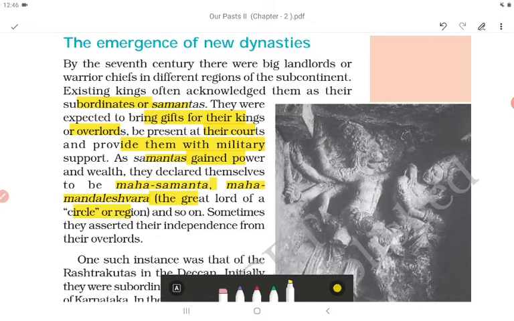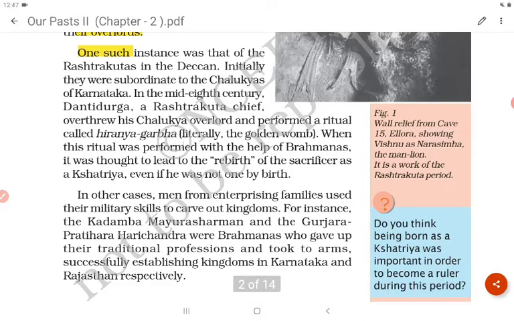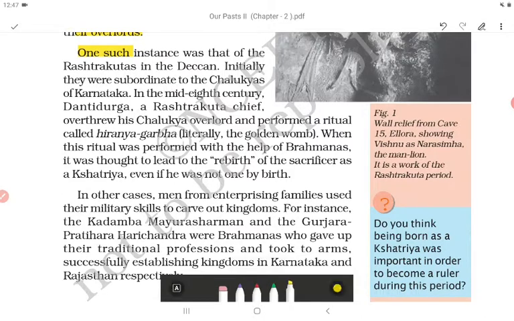Sometimes they asserted their independence from their lords. One such instance was that of the Rashtrakutas in the Deccan. Initially, they were subordinate to the Chalukyas of Karnataka.